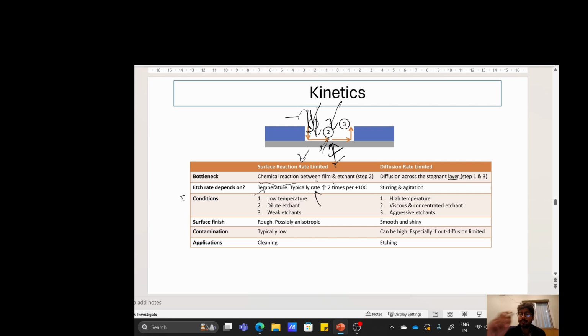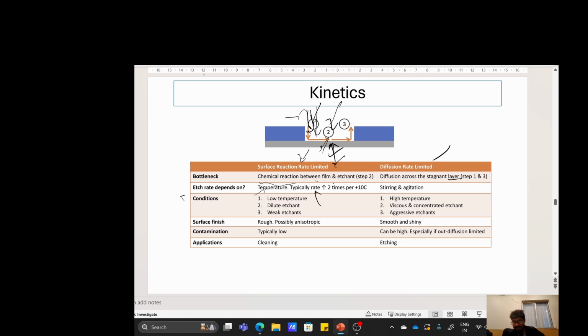Another one is the diffusion rate limited. The diffusion rate limited case is because the etchant is not sufficiently available at this point. The amount of etchant is not available there. So what we can do is agitate it.